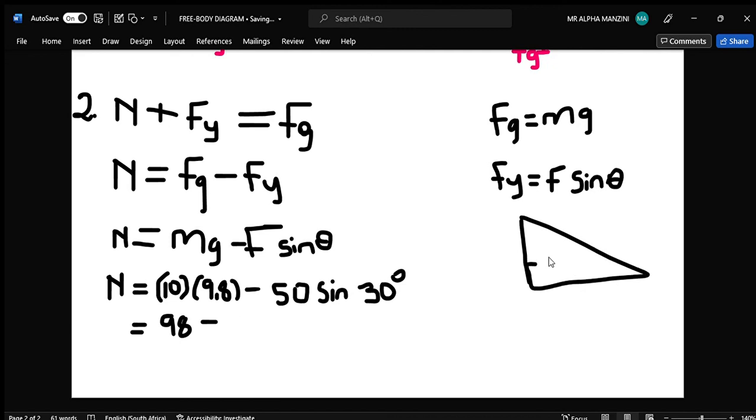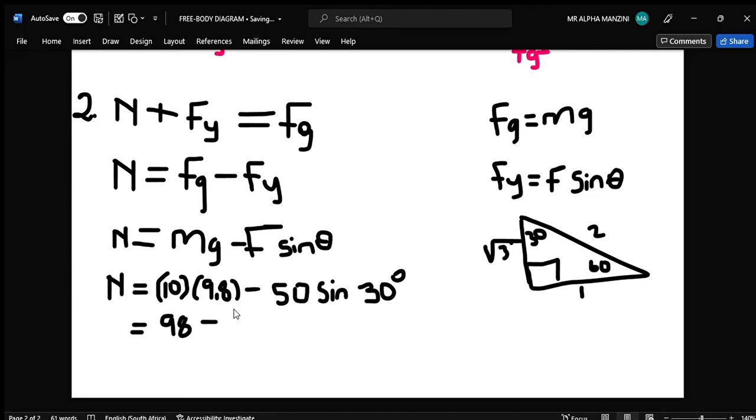This one is 30 degrees. This one is 60 degrees. This side is 2, this one is root 3, this one is 1. So sine 30 is opposite over hypotenuse. So it's 1 over 2. So 50 times 1/2 is 25.